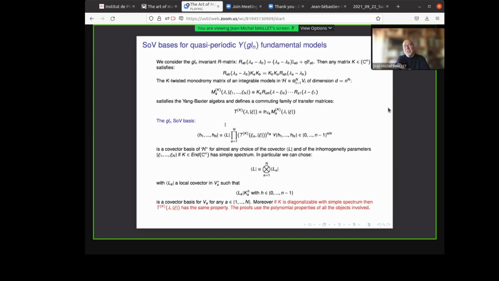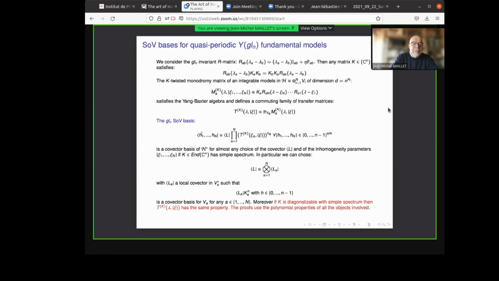Okay, so for the GL(N) case, as I said, if you go to fundamental representations, and if you go to arbitrary ones, there are other formulas, but if you just take the fundamental representation, which was in our original paper in 2018, you take the R matrix, which is a combination of permutation and identity. You take a twist, which is arbitrary. This is GL(N) invariance here, so you can put an arbitrary twist. You take the transfer matrix to be just the trace of your monodromy matrix, satisfying the Baxter algebra.